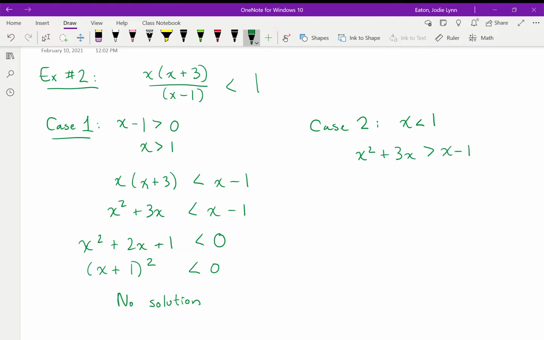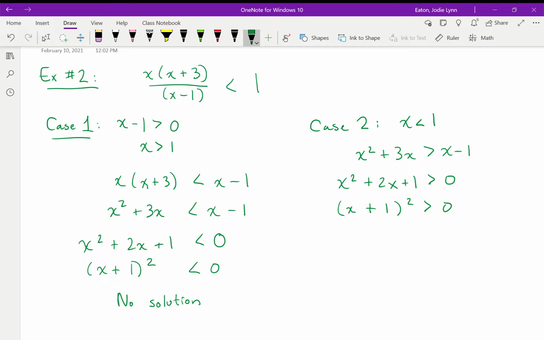Now we rearrange this. We get x squared plus 2x plus 1 is greater than 0. So here we have x plus 1 squared is greater than 0. Same inequality, different direction of the sign.